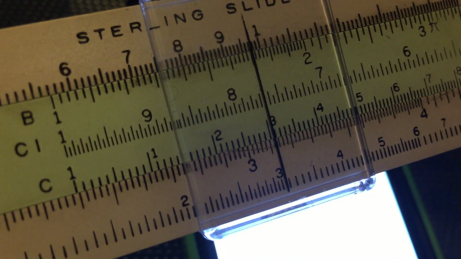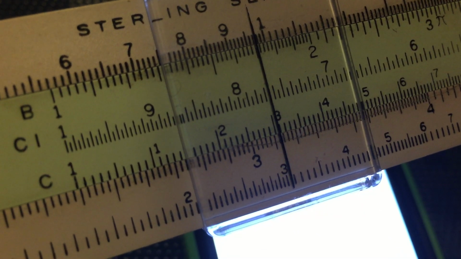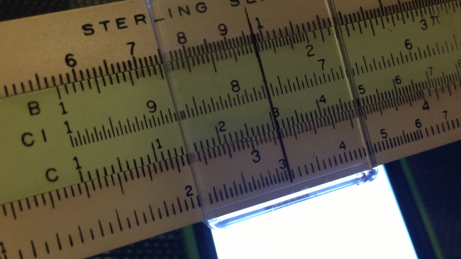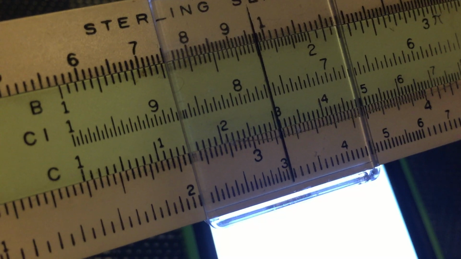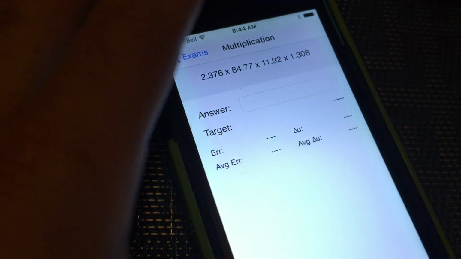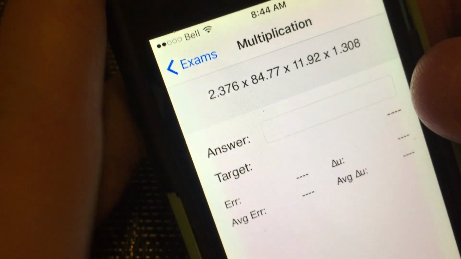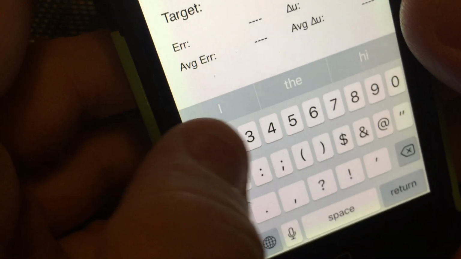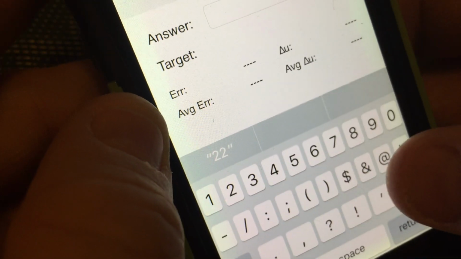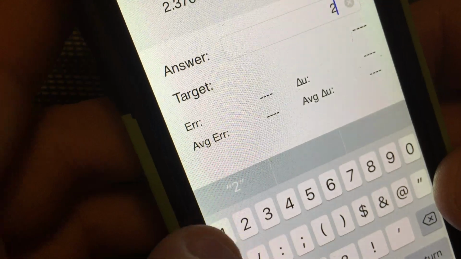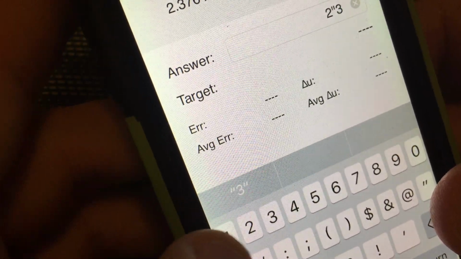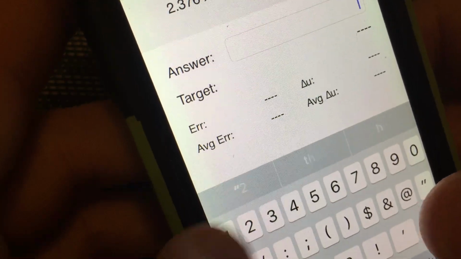So 312, 3.125, we'll say. 3.125. So we said this was in the thousands roughly. So 3.125. Whoops, I didn't type right. 3, no, 3, 1, can't see.